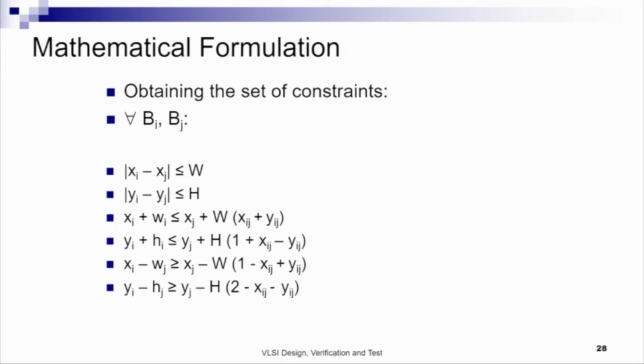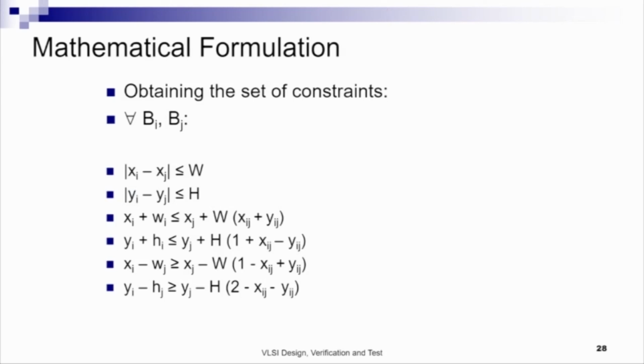So, capital W into 1 minus xij plus yij will not be 0. Therefore, xi minus wj greater than or equal to xj minus capital W will be trivially true.